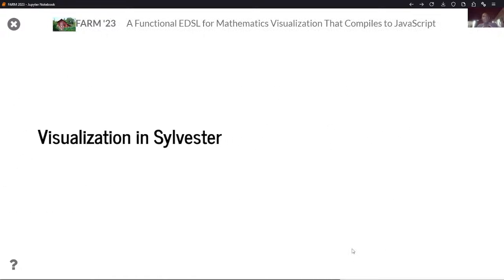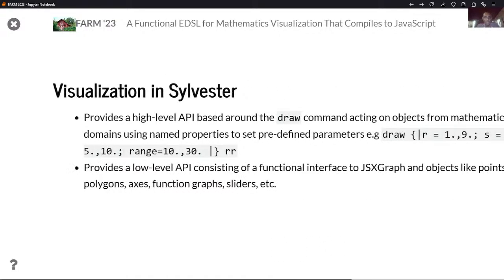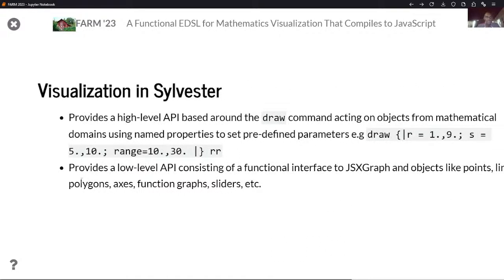Okay, let's just focus on the visualization aspect of Sylvester. We saw that there's a high-level API around that draw command, where you can just draw mathematical objects and set parameters using that particular syntax. Now, there's also a low-level API, which is a functional interface to JSXGraph, where you work with objects.